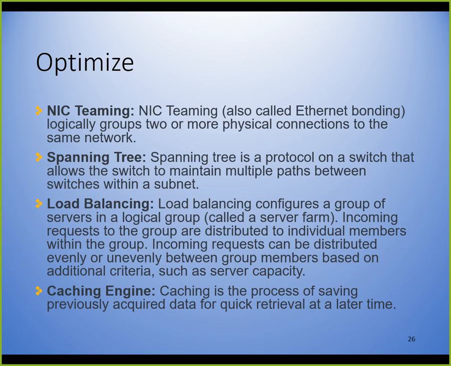With load balancers, we have a particularly busy website, for instance. We might have multiple physical devices that contain the same information, and which one actually answers the reply will change based upon the load balancer, what's available. Incoming requests can be distributed evenly or unevenly between group members based on additional criteria, however we need to do it.